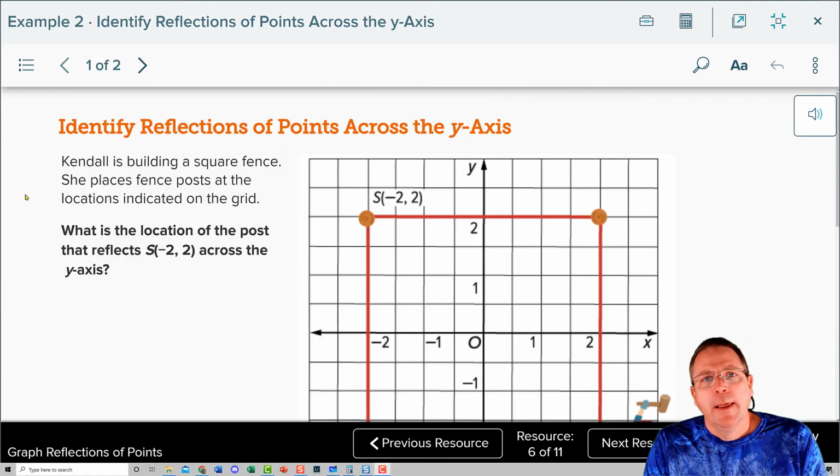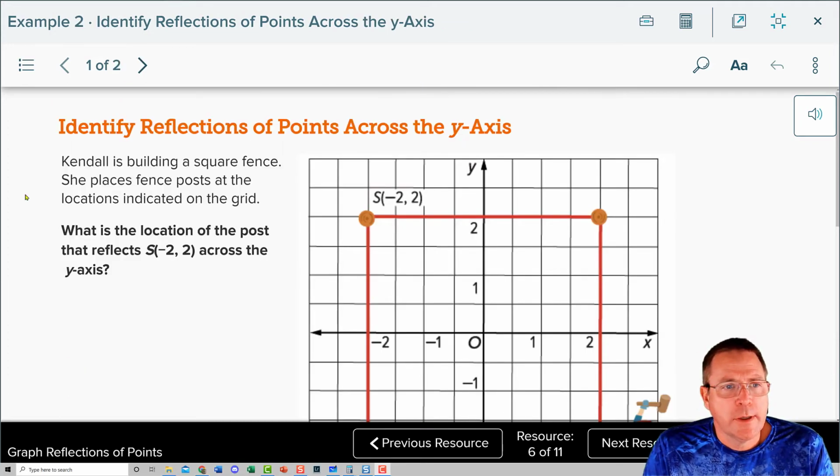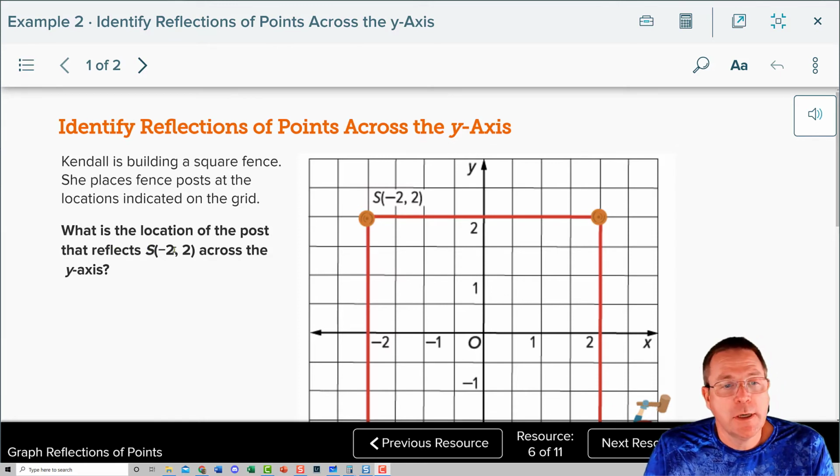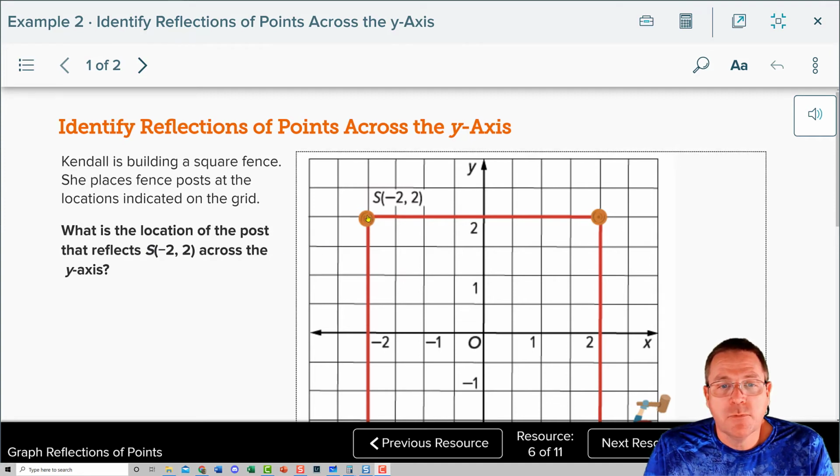Easy. Kendall is building a square fence. She places fence posts at locations indicated on the grid. What is the location of the post that reflects S, which is (-2, 2), across the y-axis? Well, S is right here. We want to go across the y-axis, which is this one.